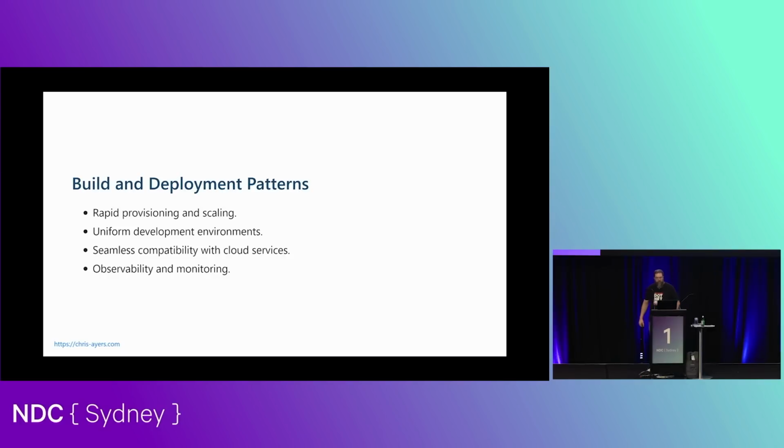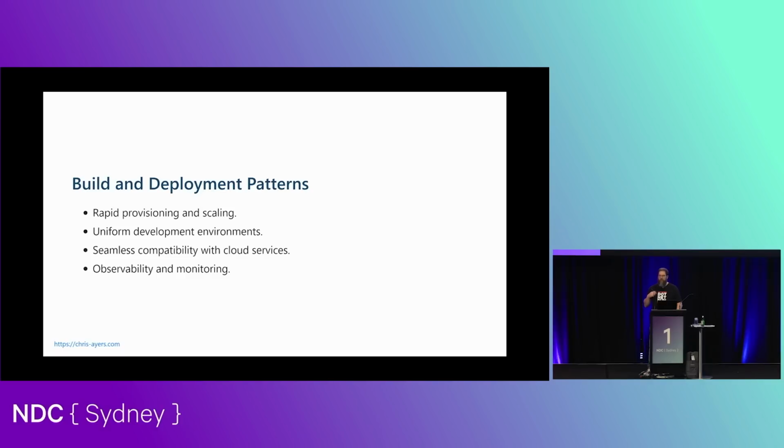So, one of the big things around containers is these are build and deployment patterns. When we are deploying containers, we are deploying them to scale. You don't usually run one instance of a container. You want to run 3, 4, 5, 10, 100, 1,000 instances of a container. And so when you think about things like that at scale, you start thinking about the software problems that come with it.